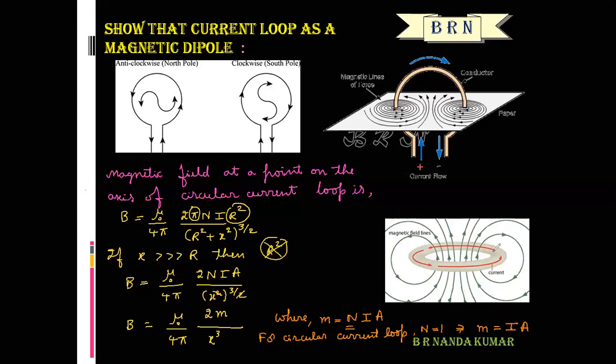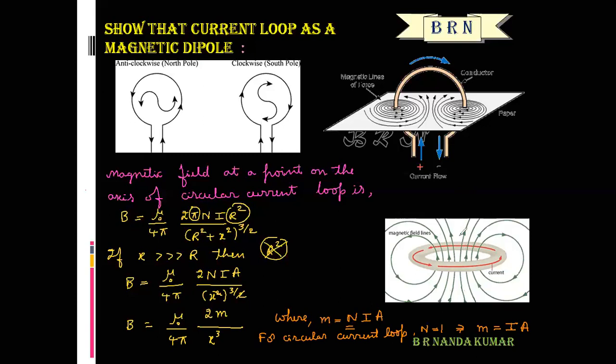Okay, so look at this loop. So here this is the direction. Normal is always perpendicular to the plane of the loop. Okay, so this is held in the right hand, with thumb pointing in the direction of magnetic dipole moment.